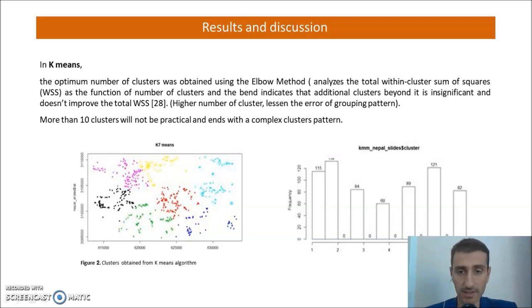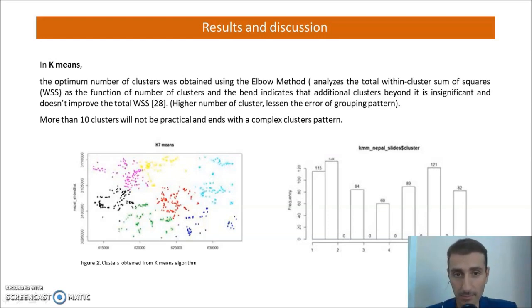So this is the function to find the number of clusters, and whenever there is a bend, it actually indicates that additional clusters beyond it are not significant and don't improve the total within-cluster sum of squares. That's why it's called the elbow method.